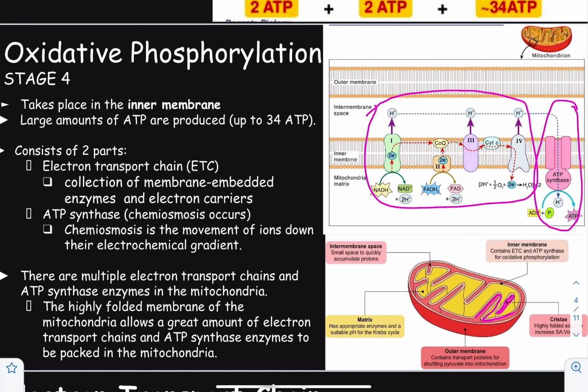And as you saw here, the mitochondria inner membrane is highly folded, and that's to fit many ATP synthase and electron transport chains in it. Imagine if it was just round like this, it wouldn't fit as much, but this folding allows it to fit more.